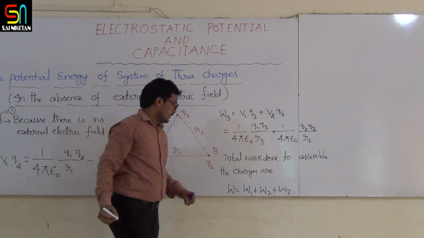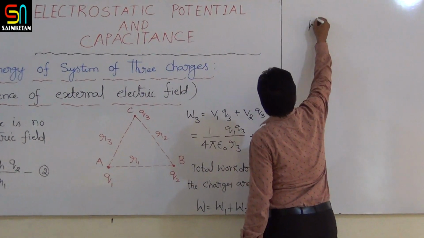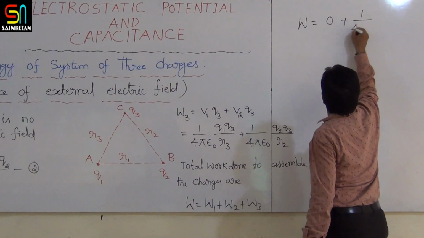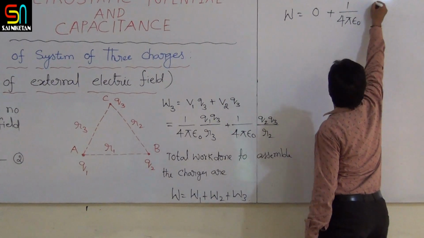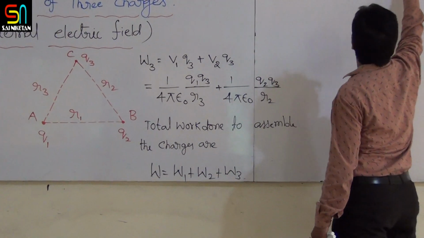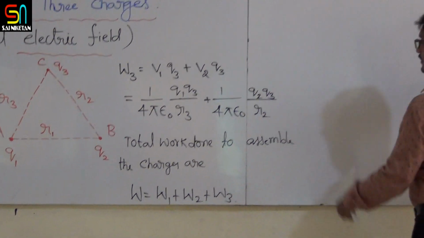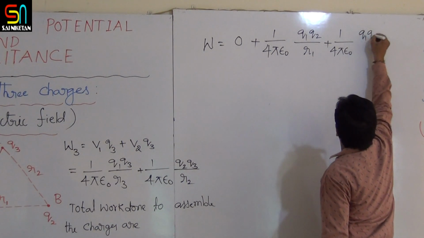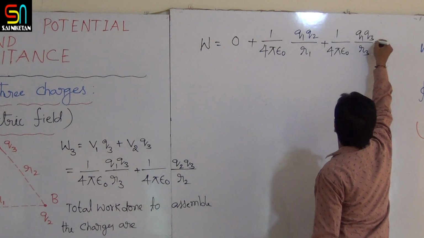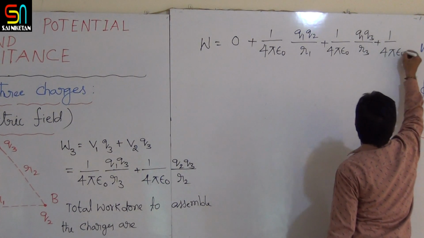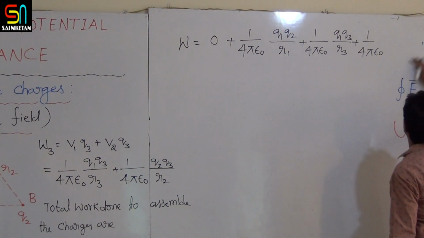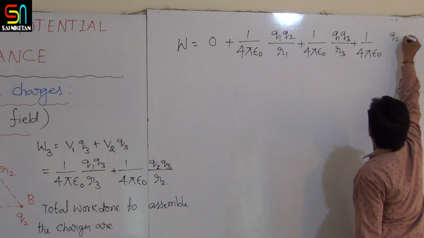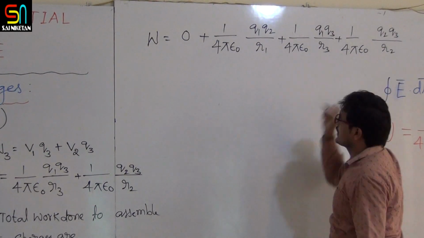Now we add all the work done: W is equal to W1, which is 0, plus W2, that is 1 by 4 pi epsilon naught Q1 Q2 by R1, plus W3, that is 1 by 4 pi epsilon naught Q1 Q3 by R3, plus 1 by 4 pi epsilon naught Q2 Q3 divided by R2. That is the total work done.